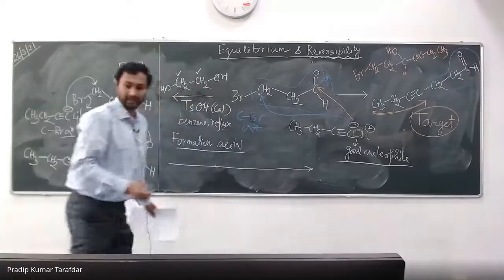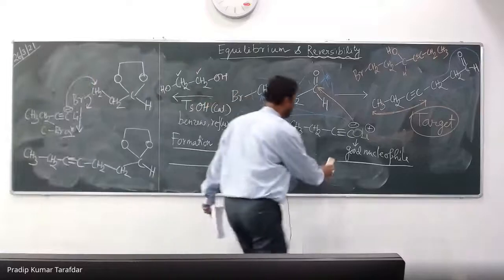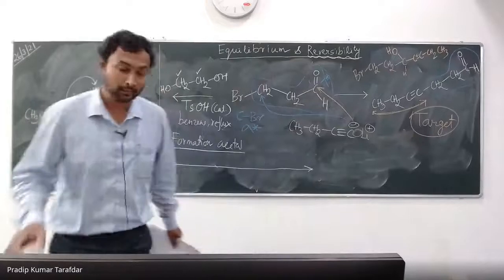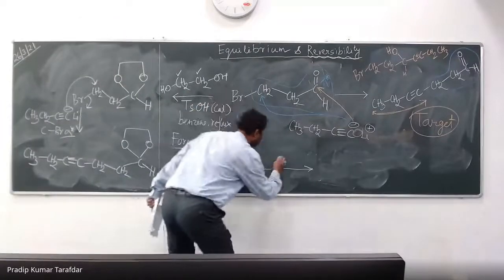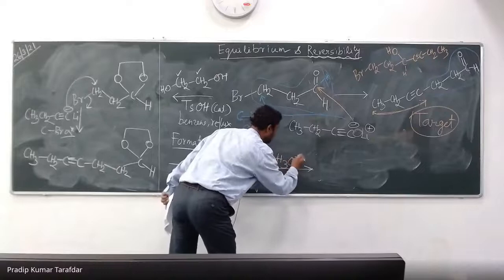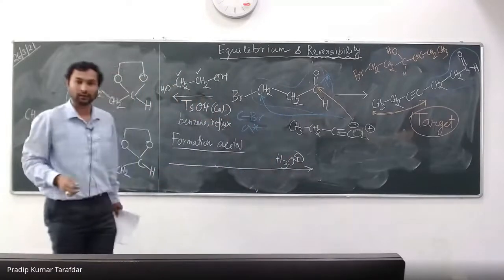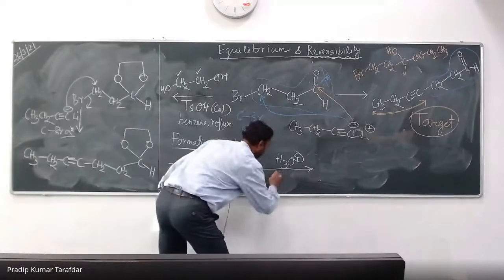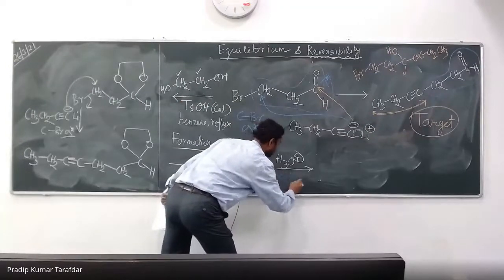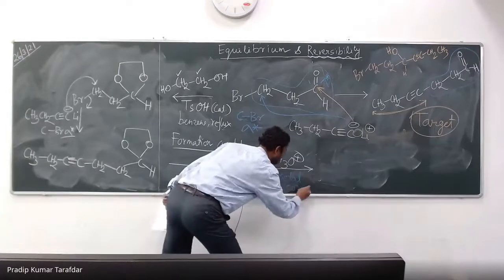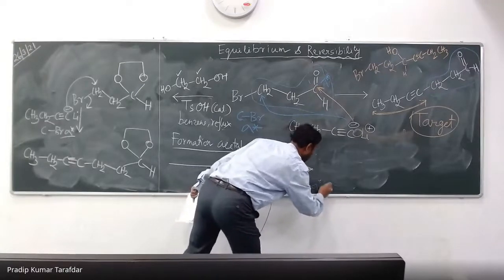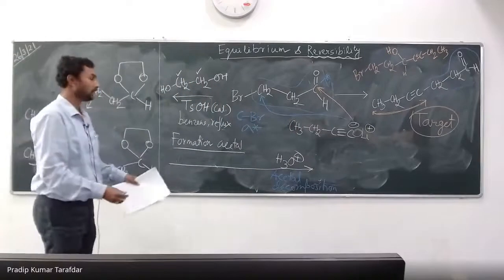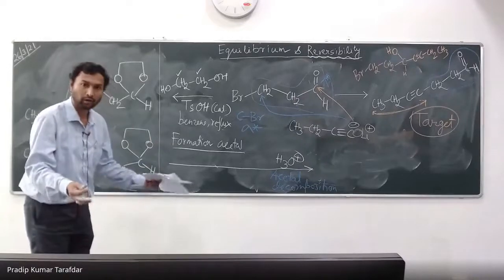Now I can decompose, because I know that acetals are not stable in aqueous acid. So I can use aqueous acid. What will happen? This acetal decomposition. When it is decomposing, I know acetal decomposition, I should get the alcohol and the aldehyde.